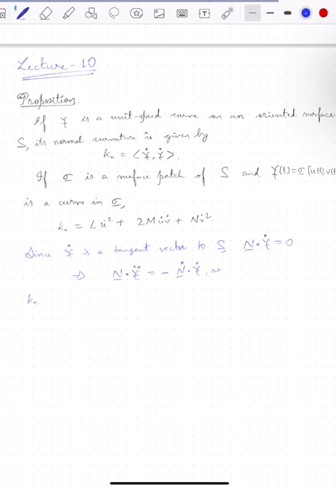So we have kn is equal to n vector dot gamma double dot is equal to minus n vector dot gamma vector, and this can be said to be this bilinear product of the Weingarten map W as a function of gamma dot and gamma dot. And this we learn is the same as gamma dot, gamma dot, right?